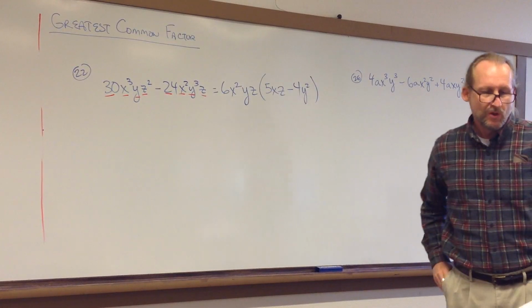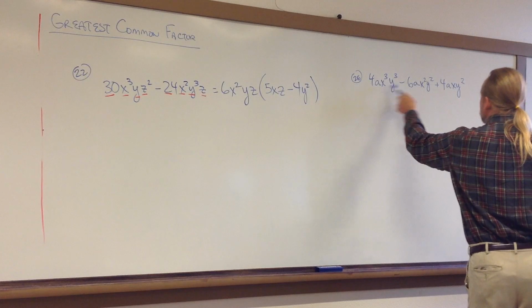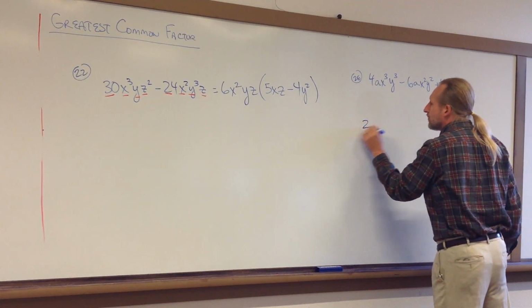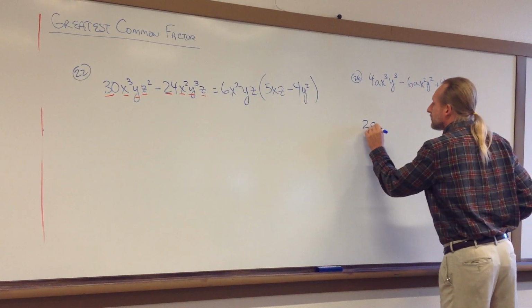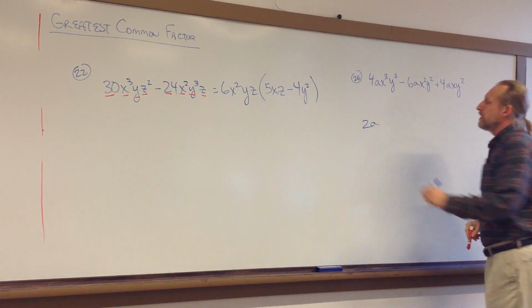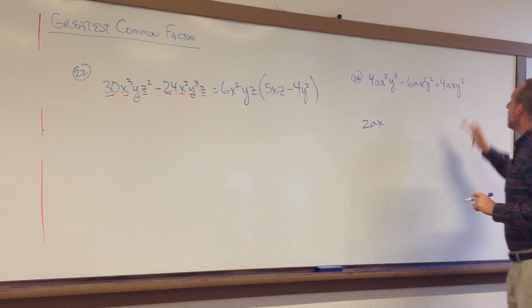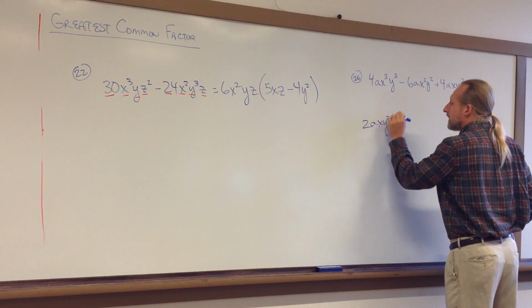All right. Well, the coefficients are pretty simple. We've got common factors of 2. Then they all have an a to the first. This is x to the first, so that's all we can factor out. But they've all got at least a y squared, so we can factor that out as well.